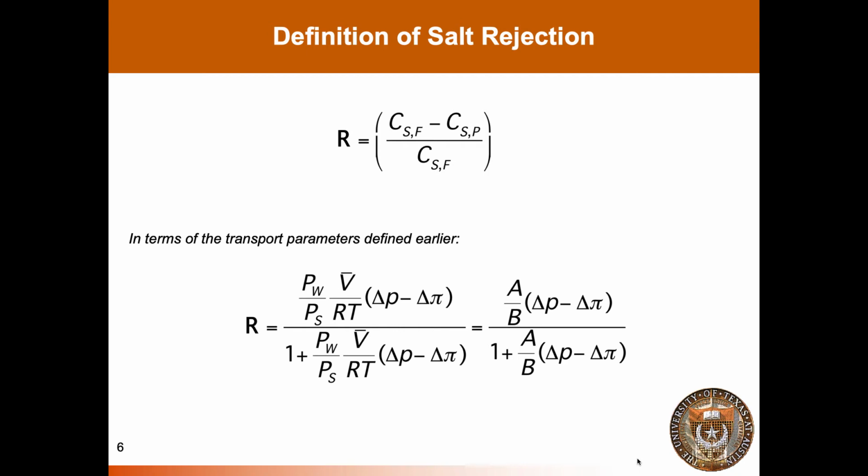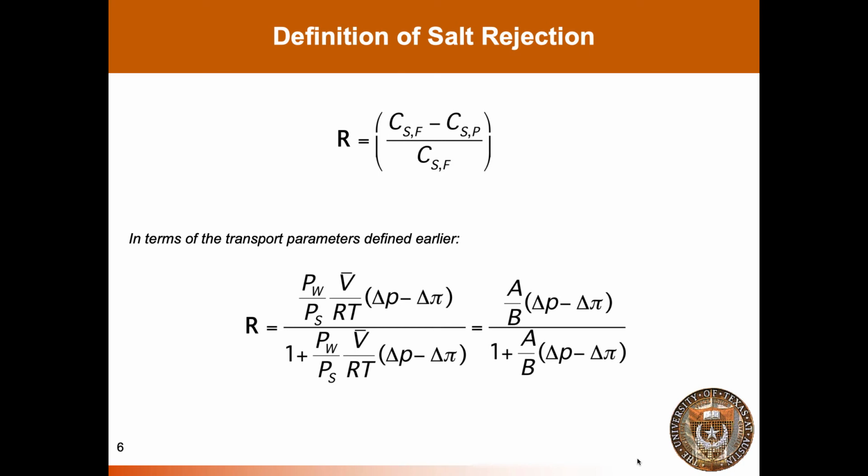If we use the transport parameters defined earlier, we can relate this rejection back to the fundamental transport properties, water and salt permeability, and the driving force for transport across the membrane, or ultimately to these A and B values that are widely reported in the literature. It's very common in this field to report the performance of these membranes not in terms of permeabilities of the water and salt or water and solute, but in terms of rejection.